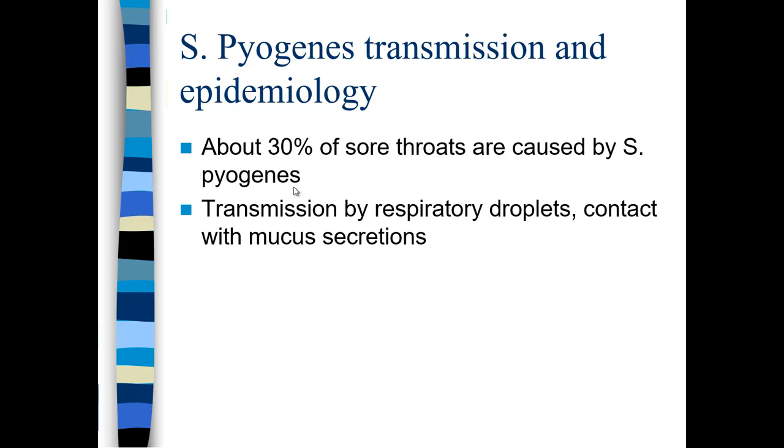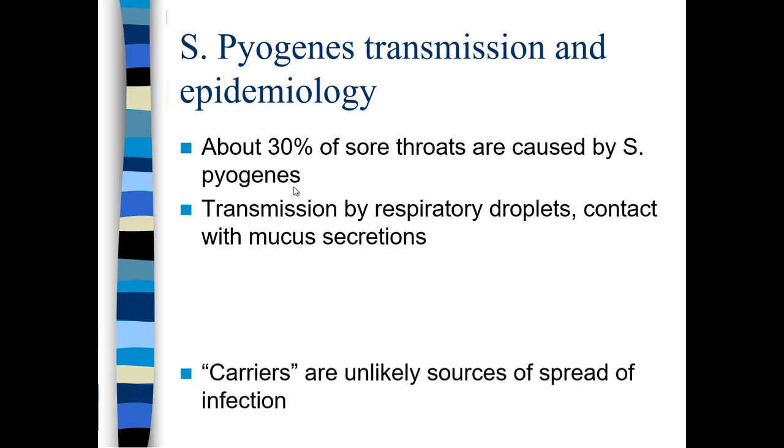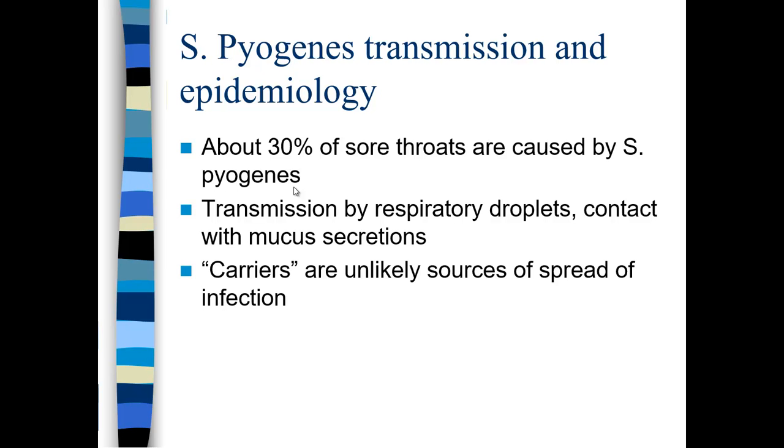It's very similar to coronavirus: respiratory droplets, contact with mucus secretion, fomites, and carriers. Not as likely. You don't get non-infected carriers very much. Fomites less frequent, but droplets are much more frequent.